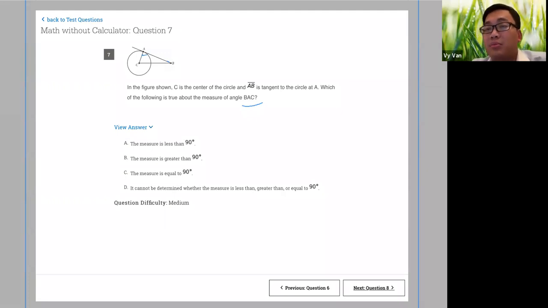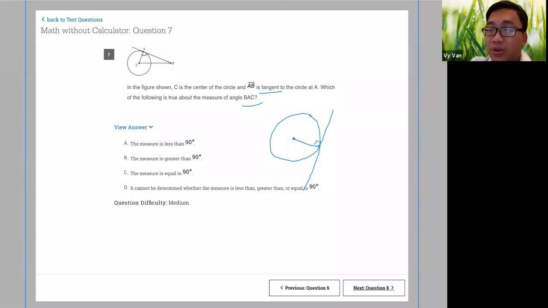A very important property about tangents. They give you that AB is tangent, and tangent means it touches the circle at one point only. For any circle with a tangent line, a very important property that you have to remember is that any radius drawn from the center to the touching point of the tangent will make a 90-degree angle, or be perpendicular to the tangent line.